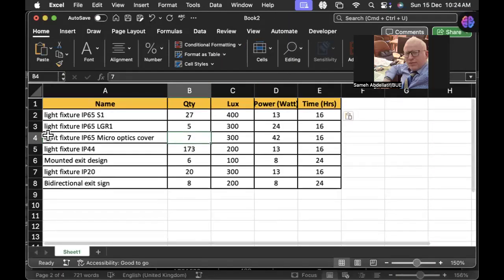Now I copy the table. As you can see here, these are the given loads.